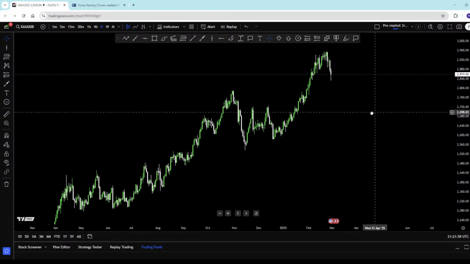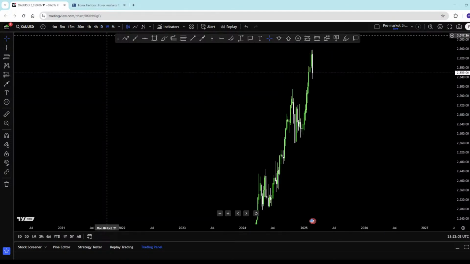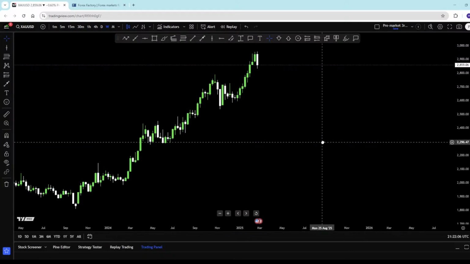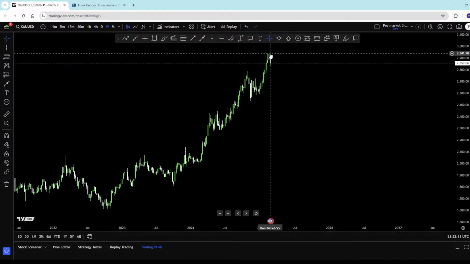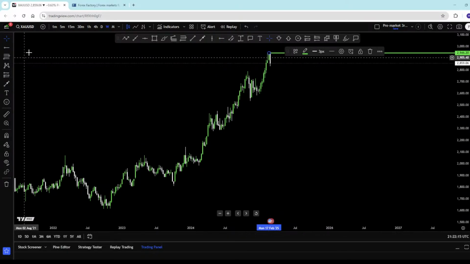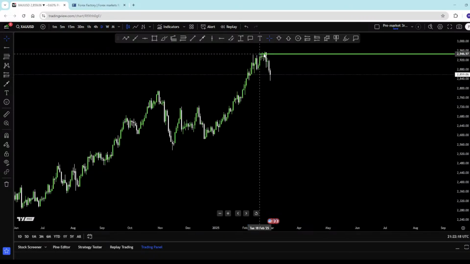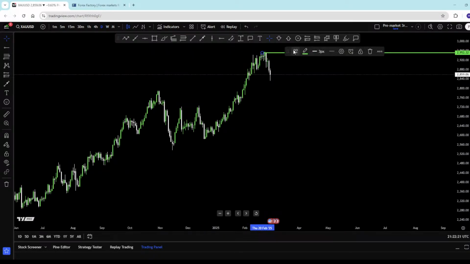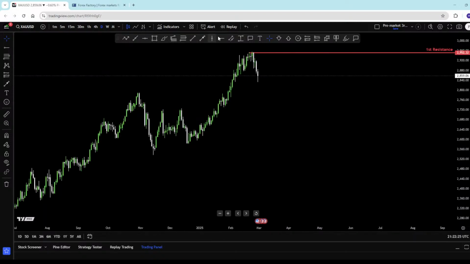So now let's take a look at gold, and we're looking at this on our weekly time frame. Now on gold, we see this slight reversal up here recently. Okay, this will be our first resistance.